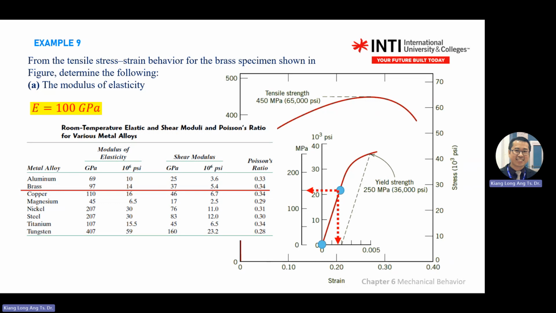So if you see the question, read carefully. Sometimes the wording says estimate or predict the type of material.